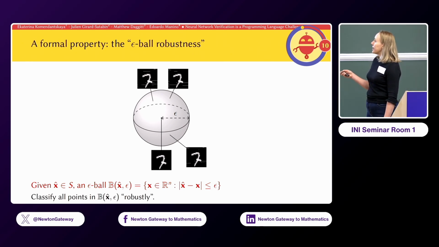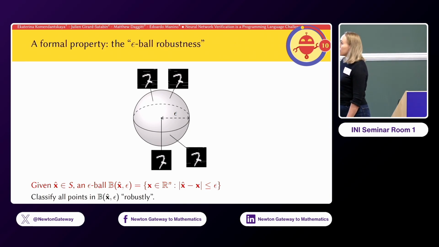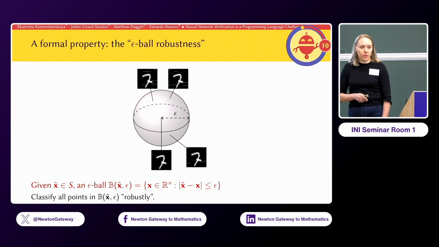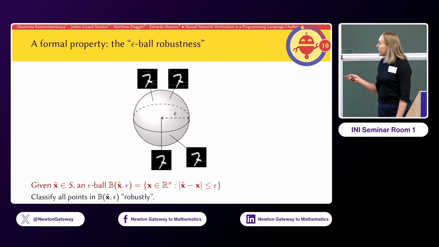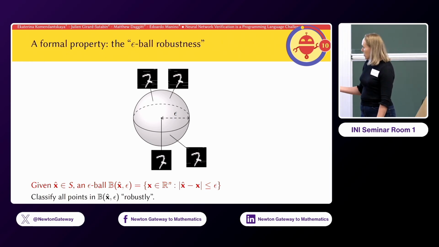My spec needs to say that anything that falls within this epsilon ball, all the infinity of images in the real vector space, should be classified robustly. So data is given here only by 1 point, and everything else concerns all vectors within the vicinity, in this generality.